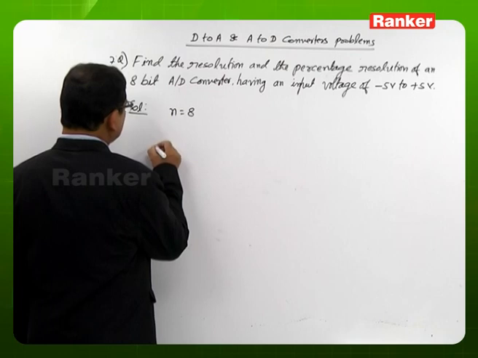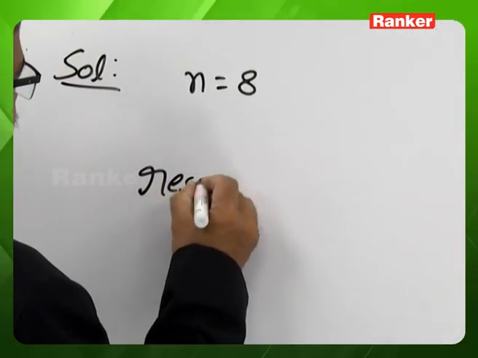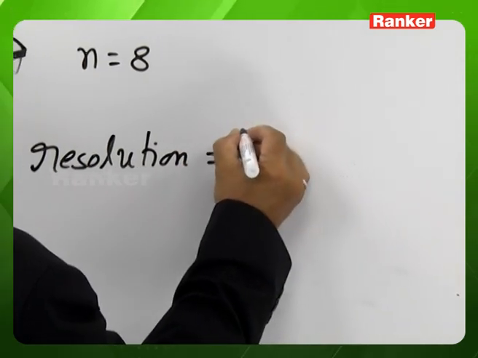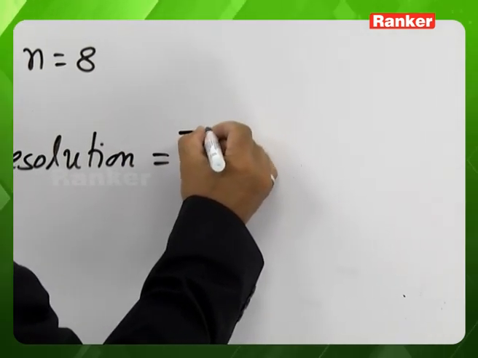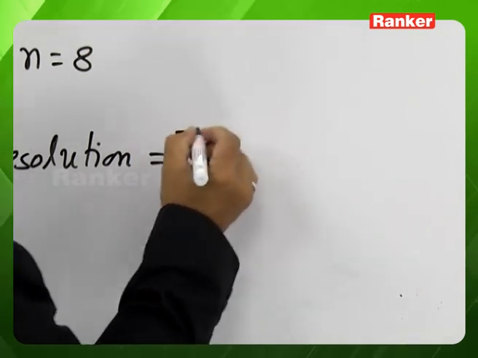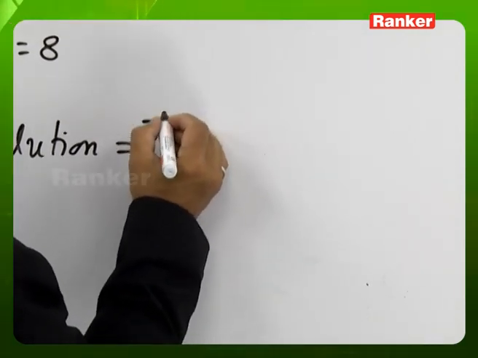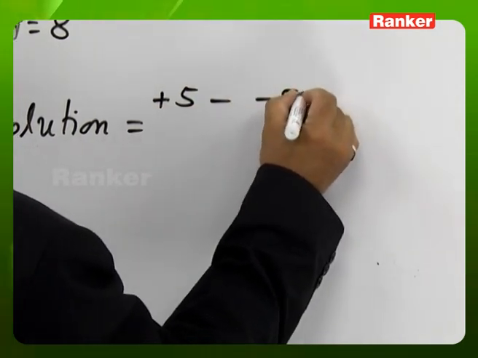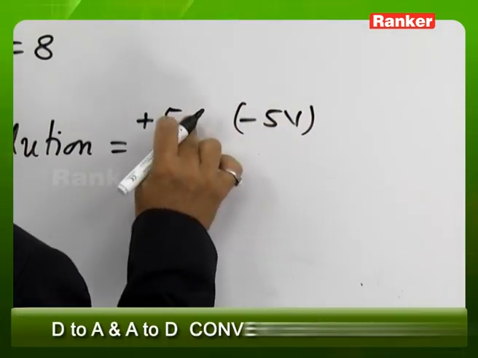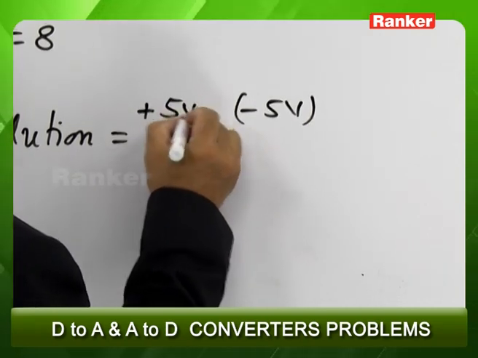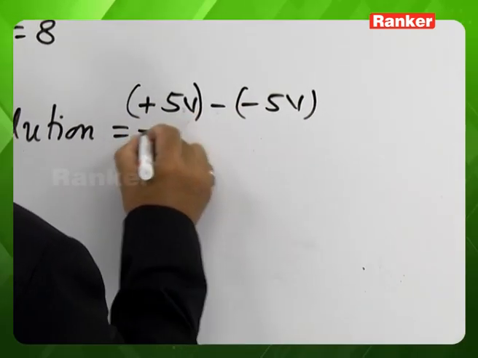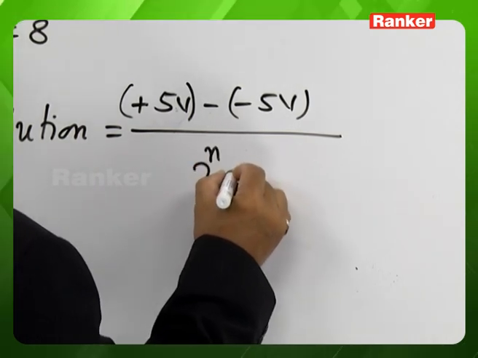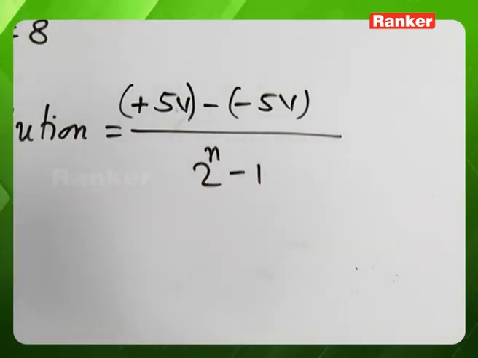So the resolution will be +5 volts minus (-5 volts) divided by 2 to the power of n minus 1.